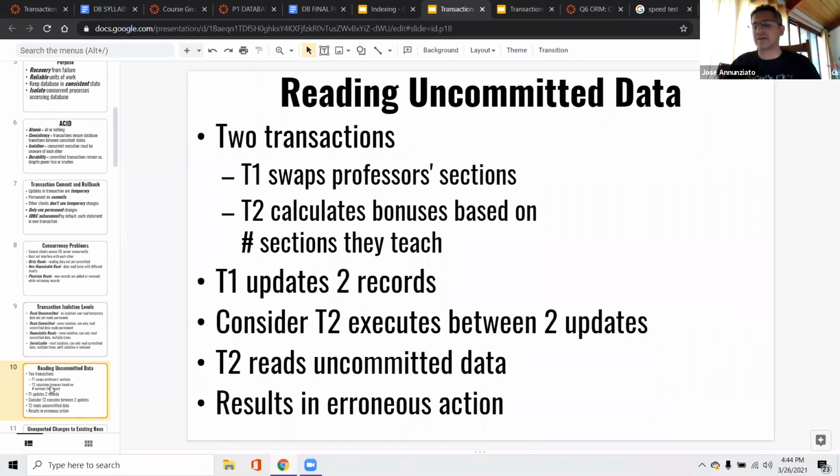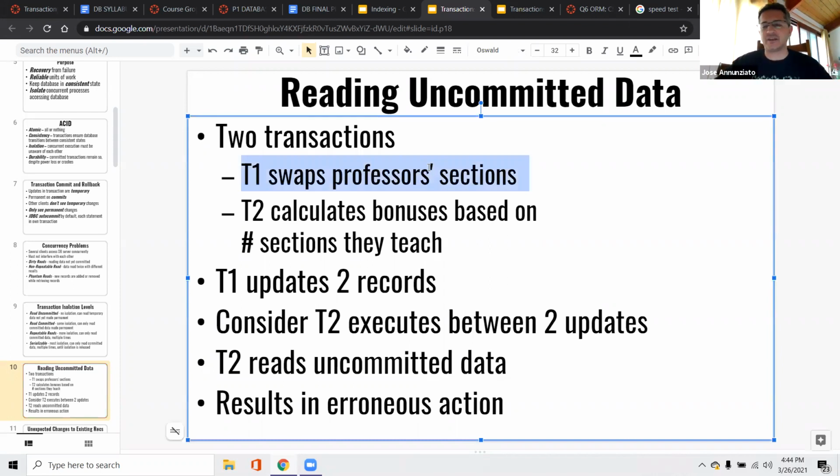So first of all, let's look at this one: read uncommitted data. Read uncommitted data means that a transaction might be changing data, and another transaction comes in and can read that data. Okay. So for instance, assume two transactions. These could be two separate users, two threads, or two processes logged in and interacting with the database simultaneously.